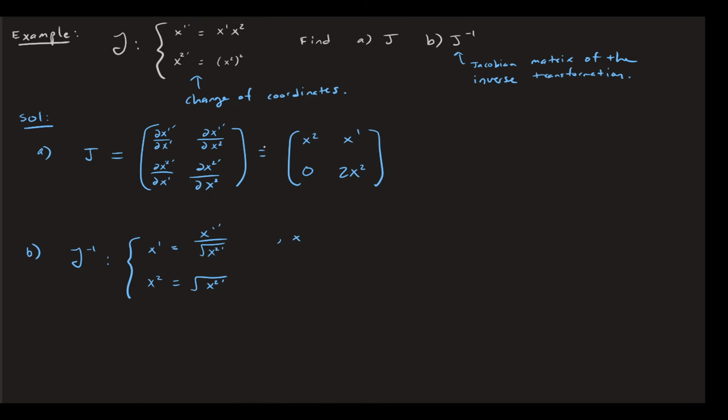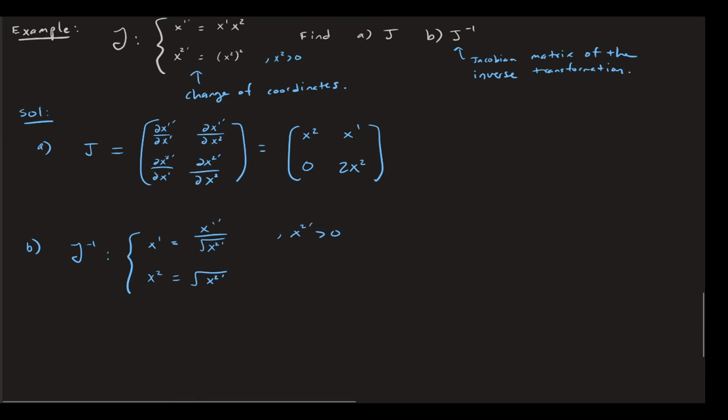We'll assume here x2 prime is greater than 0. Also, we'll assume x2 is greater than 0. So that's the inverse transformation. That's how we would go back to the unprimed coordinate system if we had the primed coordinates.